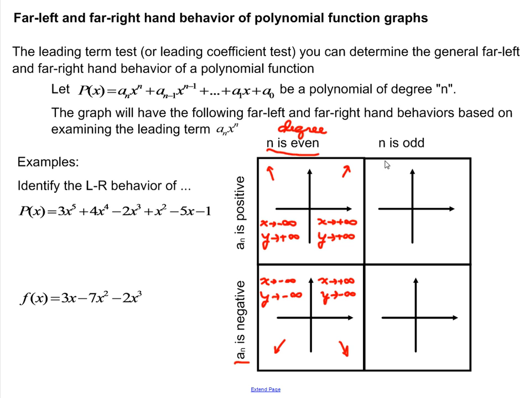Let's compare that to what happens when the degree is odd, like a third degree or fifth degree. If n is odd, then as x tends towards negative infinity, y tends towards negative infinity. That is, in the far left region of the graph, the curve will tend towards negative infinity.